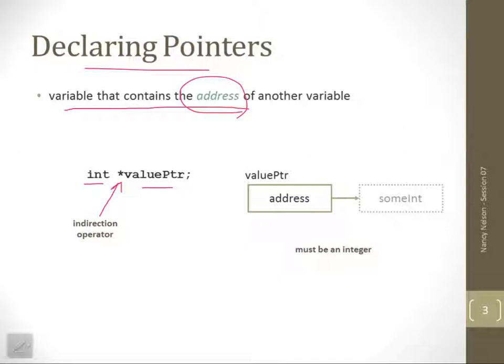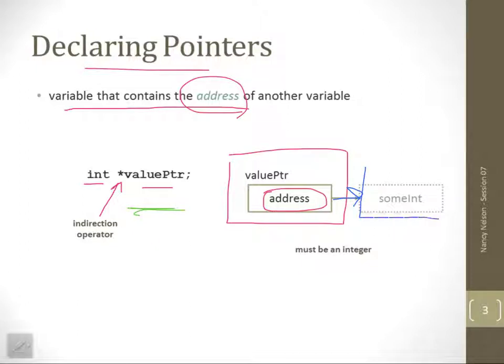So when that happens, value pointer gets some space reserved in memory. It's designed to hold an address. If we do our declaration as we have here, it doesn't have an address assigned there yet, but it's big enough to hold an address. And eventually, we can use that to point at another variable as long as that other variable is an integer.